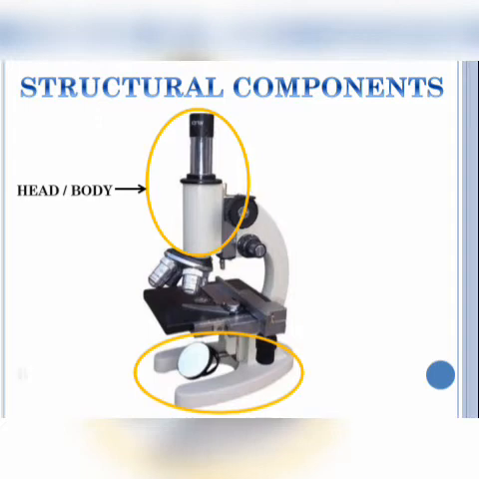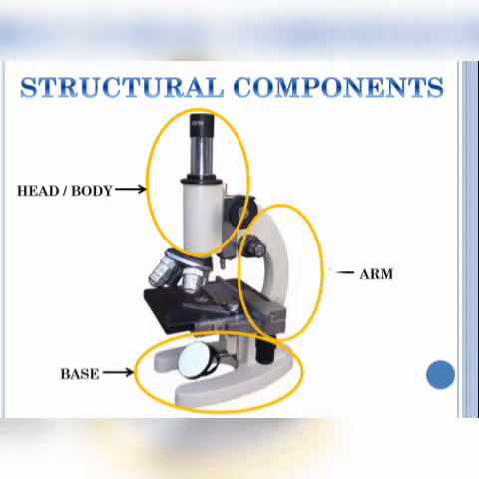This is the base which supports the microscope, and it has a mirror within it. Next, the arm. It connects the base and the head of the microscope, and it also allows the body of the microscope to tilt.